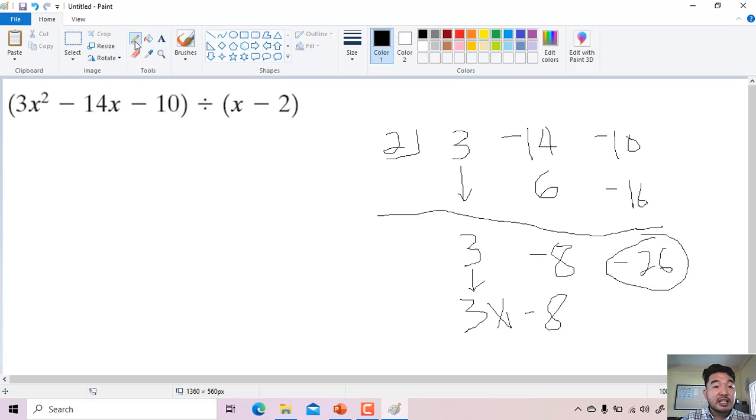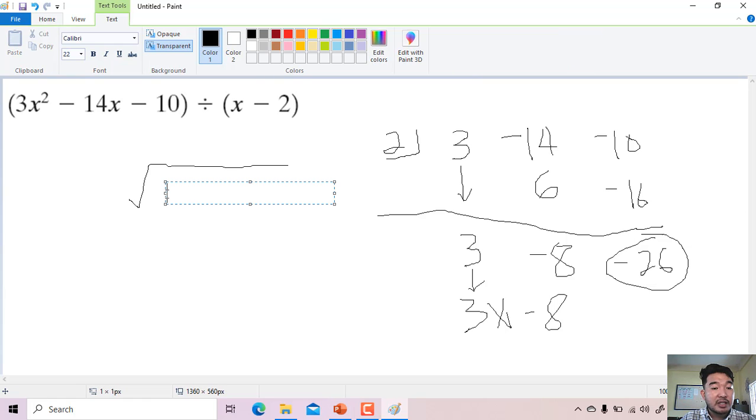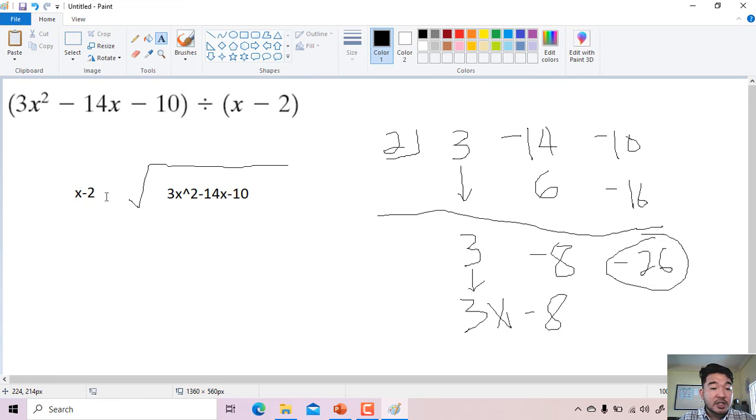If you want to check if your answer is right or wrong, you can use the long division method. Let's try to use the long division method. So we try to solve this 3x squared minus 14x minus 10 divided by x minus 2. So 3x squared by x is equal to 3x.